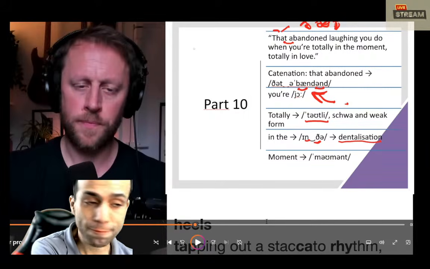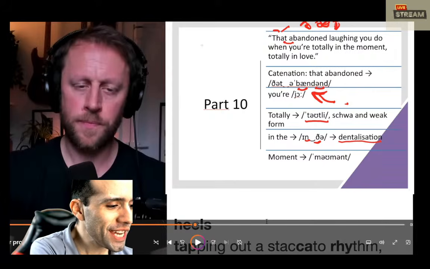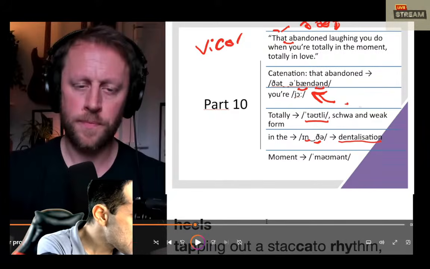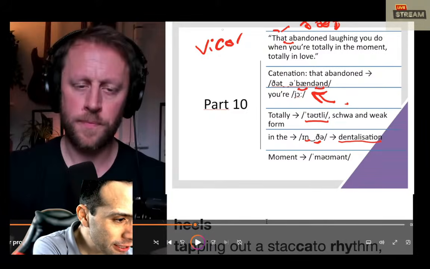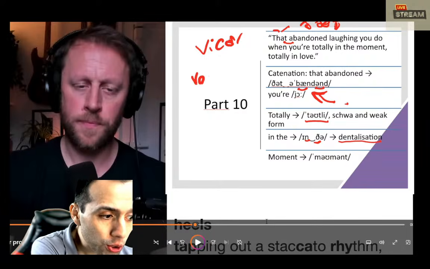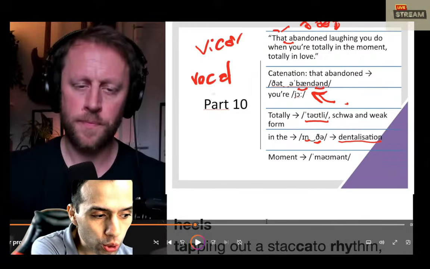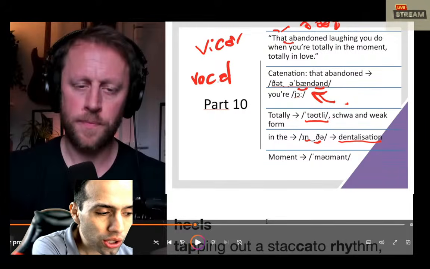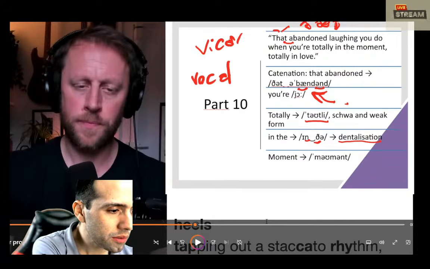You get, for example, labiodental consonants like v. I can't think of any words beginning with v at the moment. Vocal. Or let's think of a better word.